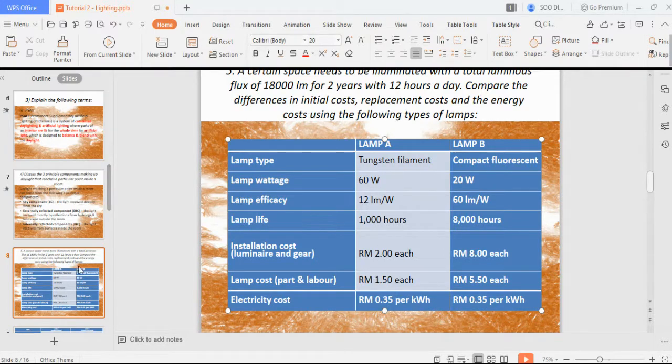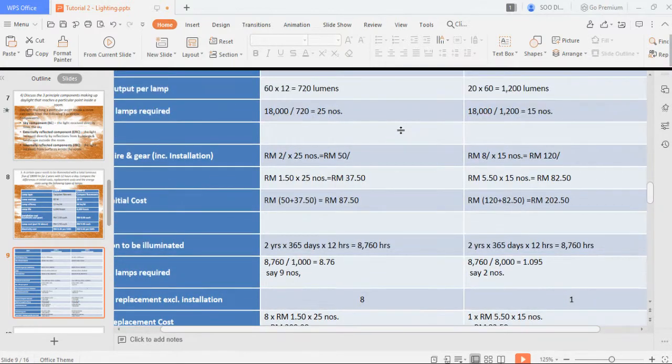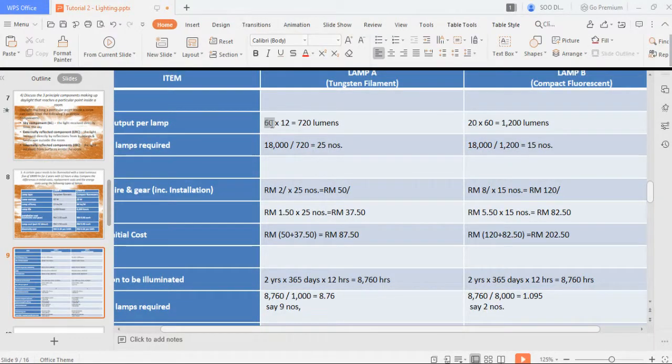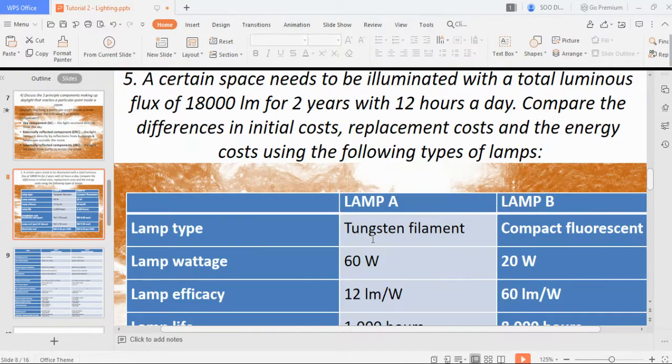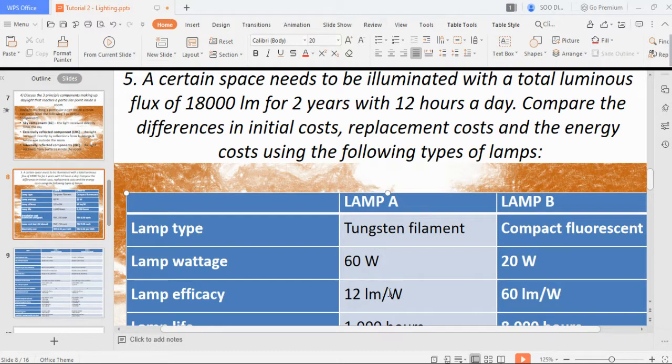The first step you need is to find out the total number of lamps required. For that, you need to multiply these two together, lamp wattage and lamp efficiency. Lamp wattage given is 60 watt and lamp efficiency is 12 lumen per watt.